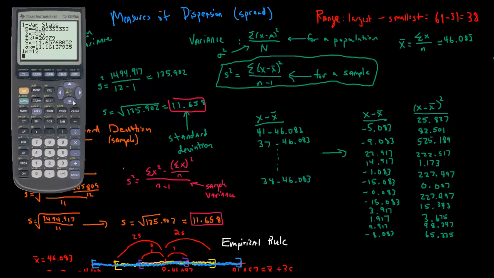If we scroll down a little bit, it says that n is 12, the minimum value is 31, the maximum value is, well, it doesn't have a maximum yet, the Q1, which that's really nice. Now, if you remember what Q1 is, that's the first quartile. Remember, to find the quartiles, usually you have to rank the data, find the median, then find Q1 and Q3.